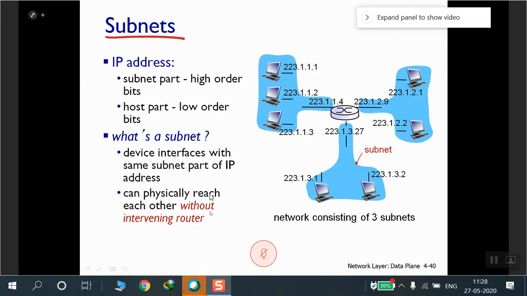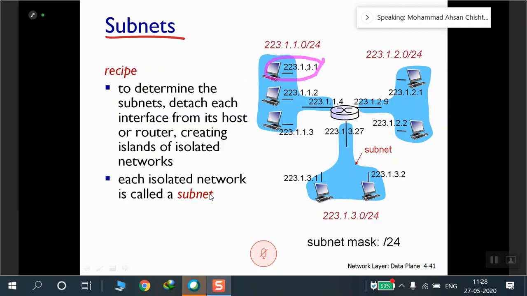Another thing that we see here, if this node having an IP address 223.1.1 leaves this network and joins another network, that is, you moved from hostel to department, the IP address would change from 223.1.1 to a new one, like 223.1.3, whatever is available, since 27 is taken, 1 is taken, 2 is taken.